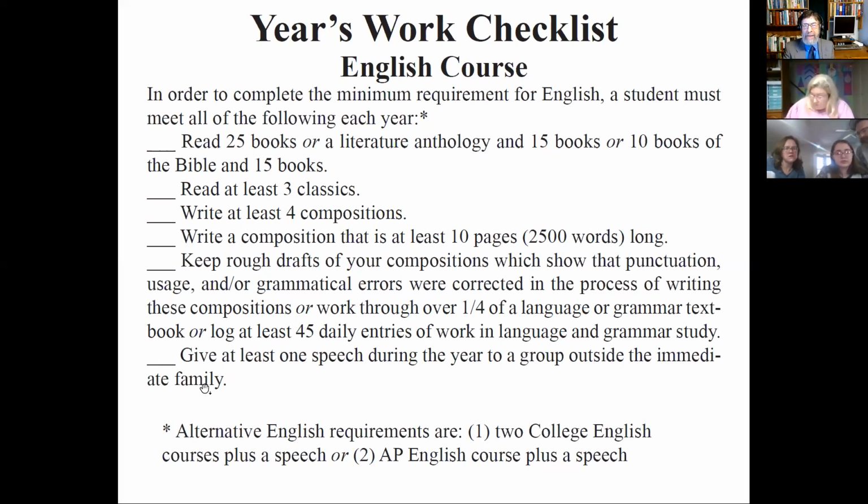Then our last requirement is that you have to give at least 1 speech during the year to a group outside the immediate family. By the way, we have a speech contest going on. I think it's at 1 o'clock in the presentations thread, or maybe it's in the discussion thread.